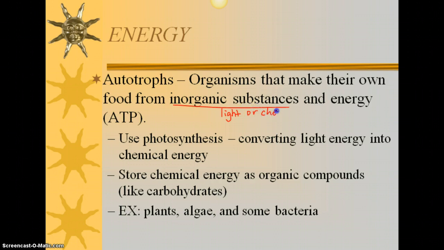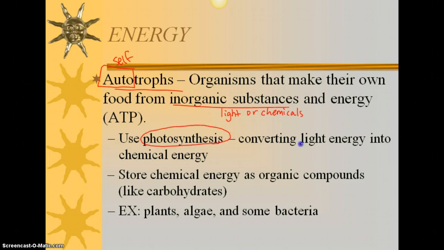So since we're not clarifying that right now, we just are talking about autotrophs, then it could be light or chemicals. Auto means self, so they are doing this themselves. We think about automatic or Autobot or something like that. It's doing it itself. So inorganic substances are either light or chemicals.